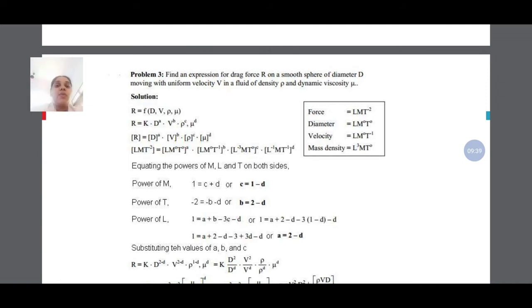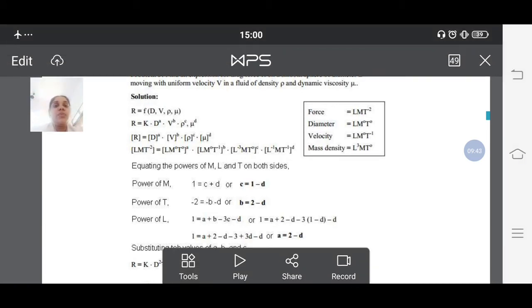And next, power of t. On the left side, the power of t will be minus 2. Minus 2 equal to, on the right side there are 4 terms. In the first term, the power of t will be 0, so there is no power of t in the first term.